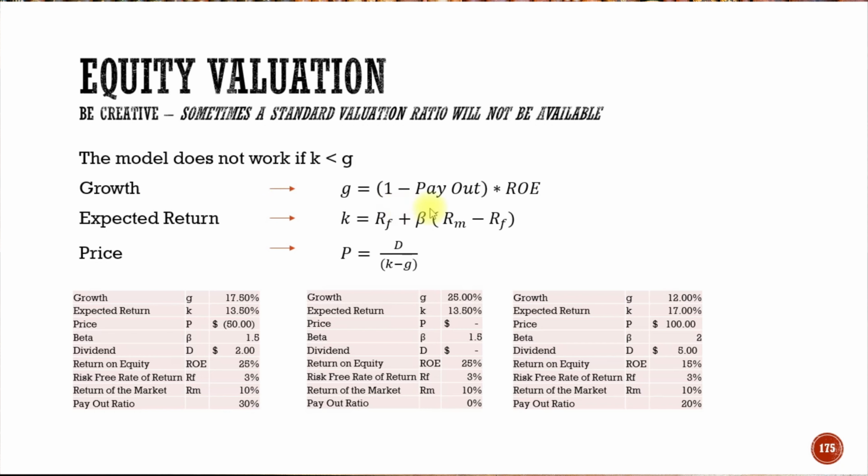This equation is to calculate how fast a company will grow. This part right here is a part of capital asset pricing model, and it will calculate your expected return.